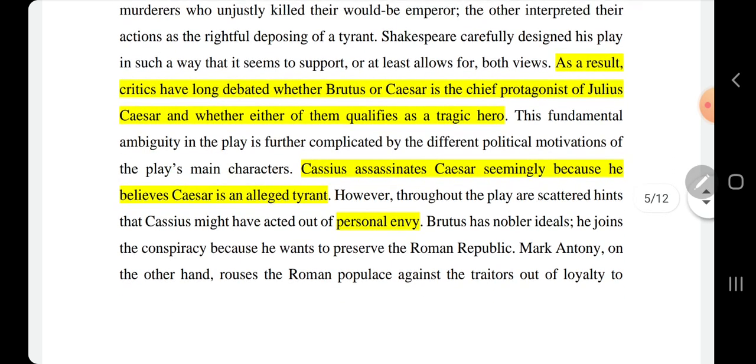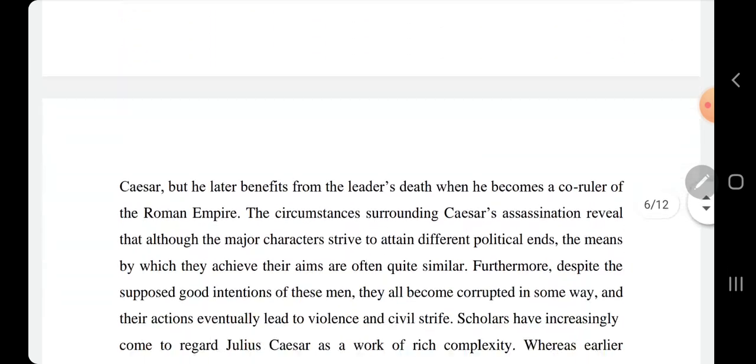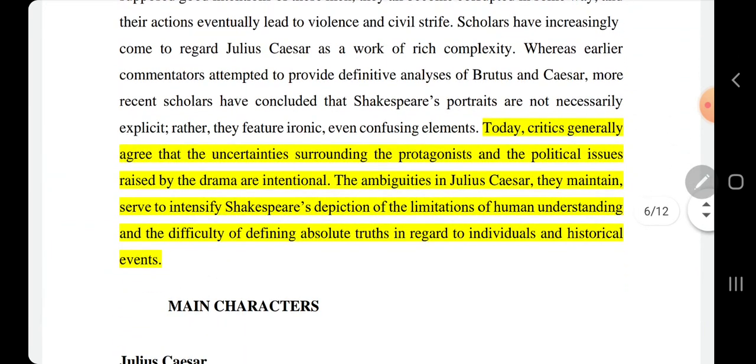We have another character in the play, his name is Cassius, and he assassinates Caesar because he was very envious of Caesar, and we will also come to that later in our play. So let's come to the final thing in the introduction part: critics generally agree that the uncertainties surrounding the protagonist and the political issues raised by the drama are intentional.